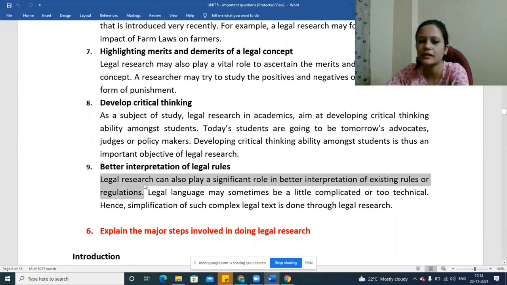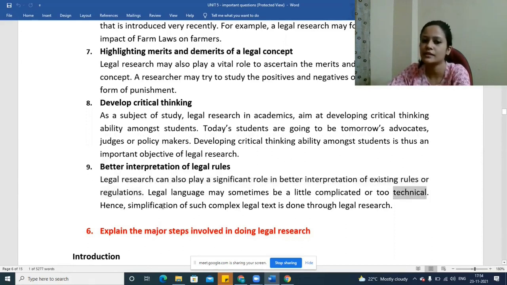So it will help us to better interpret existing laws and to properly understand some provision. Legal language may sometimes become complicated or too technical. So simplification of complex text is also one of the objectives of legal research.